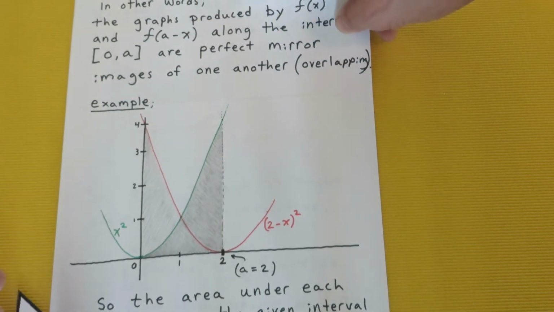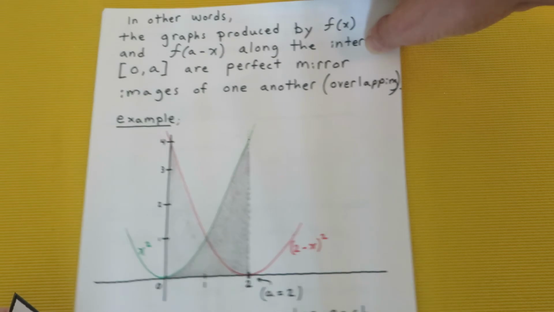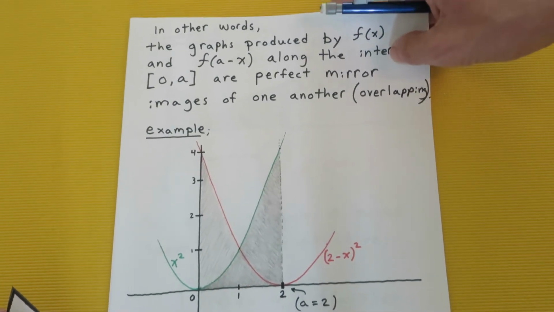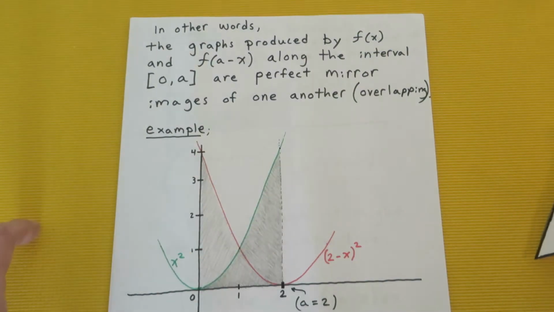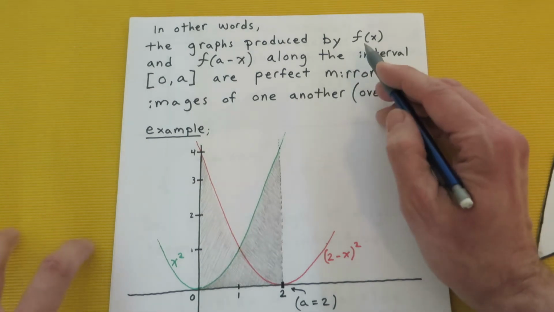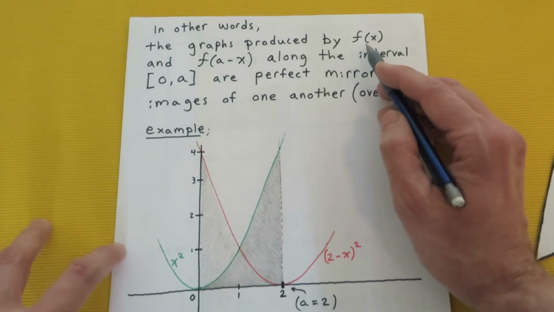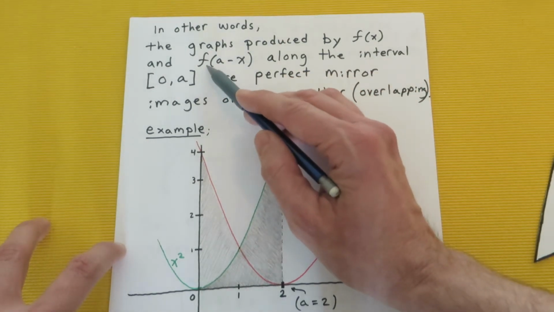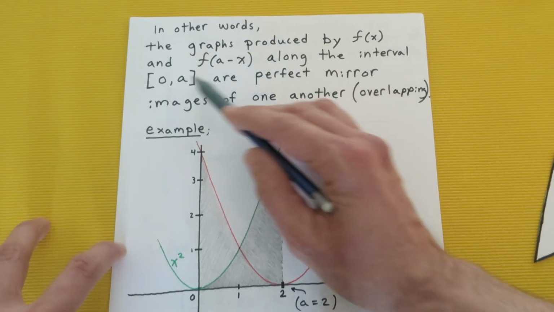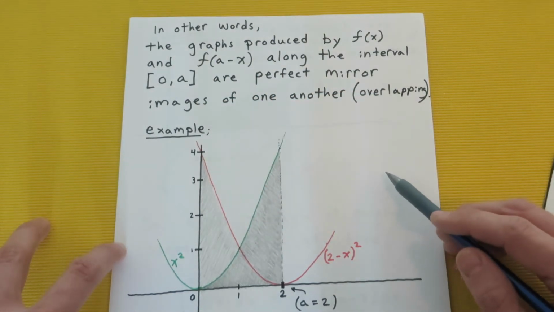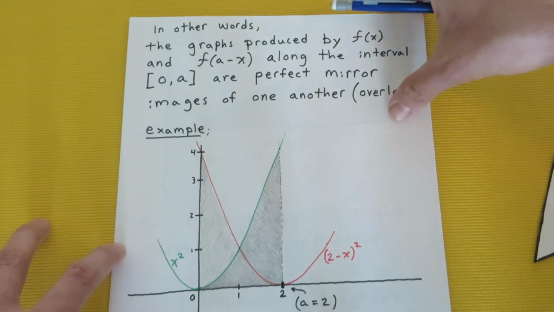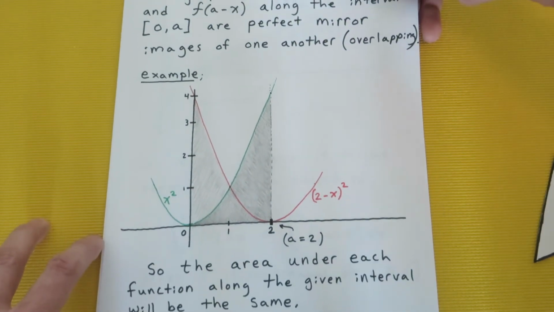So in other words, and this is really the meat and potatoes of what I'm getting at, the graphs produced by f of x and the graph produced by f of a minus x along our interval that we care about are going to be perfect mirror images of one another. They're just going to be overlapping.